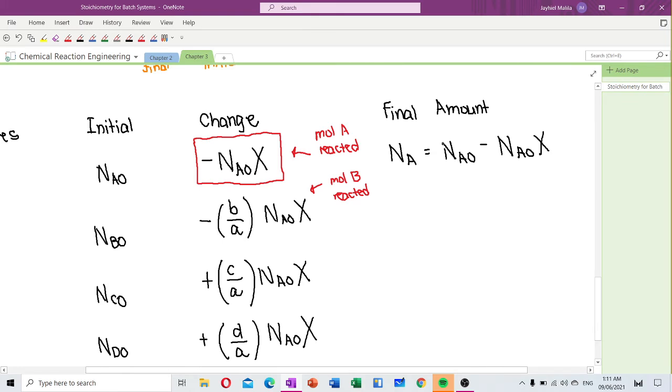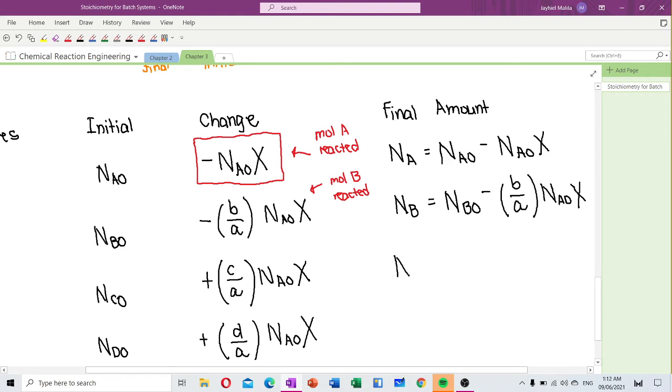And for NB, the final amount of the moles of B present in a batch reactor, we have here NB0, it's not O, it's 0, minus B over A, and then Na0x.